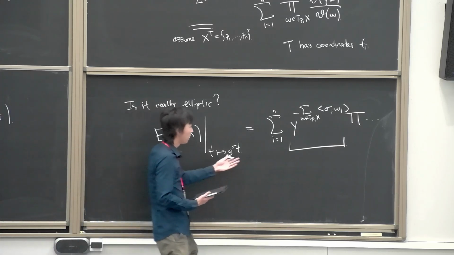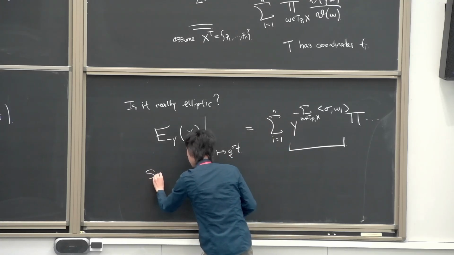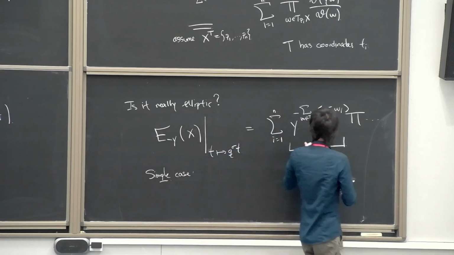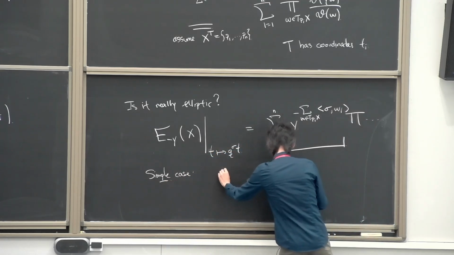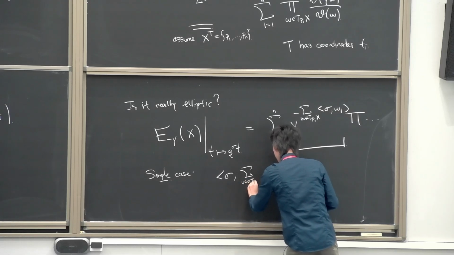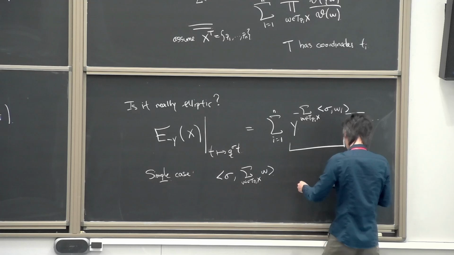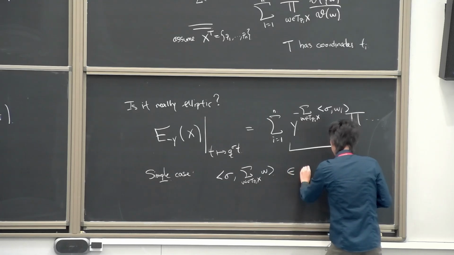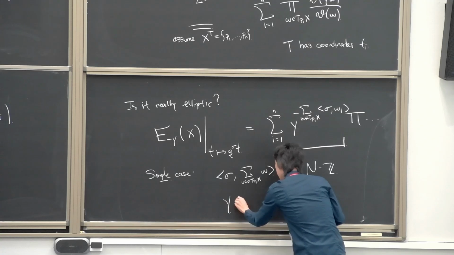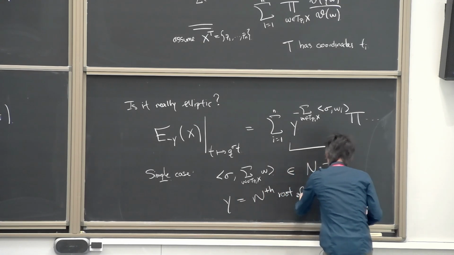And a simple way to make this constant over all fixed points, simple case, is that this quantity in the exponent, the sum over all the weights in the tangent space paired with the co-character that you're shifting by, you want to impose that this is actually some multiple of n, and then you want to specialize y to some nth roots of unity.